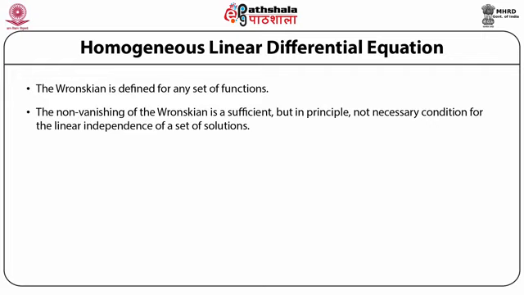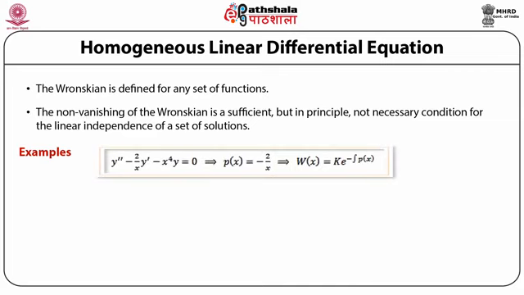Now we consider some examples. First, we consider the equation y double prime minus 2/x times y prime minus x to the power 4 times y equals 0. In this equation, p(x) is equal to minus 2 divided by x.